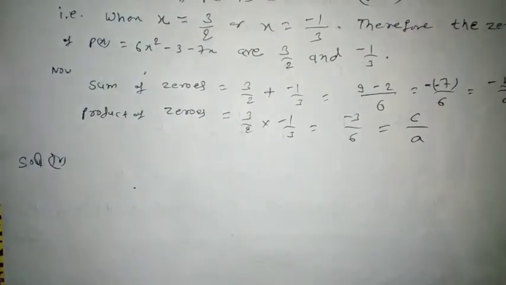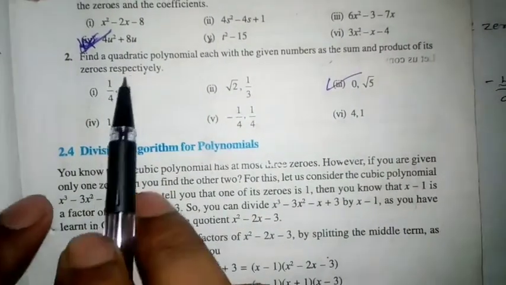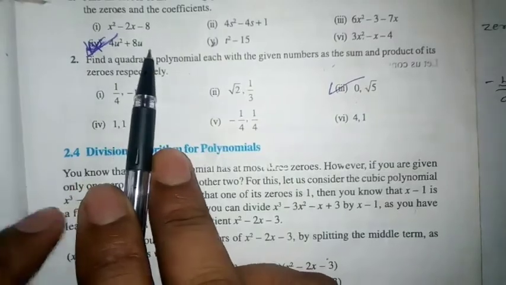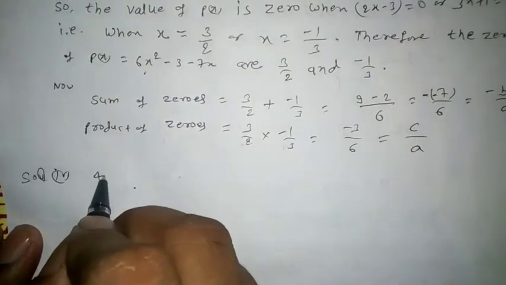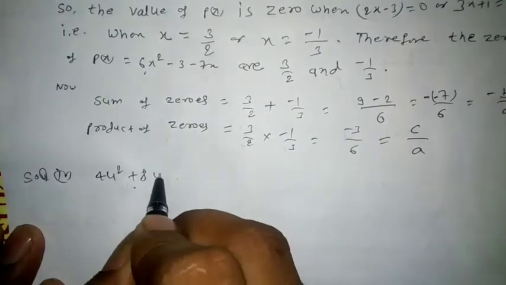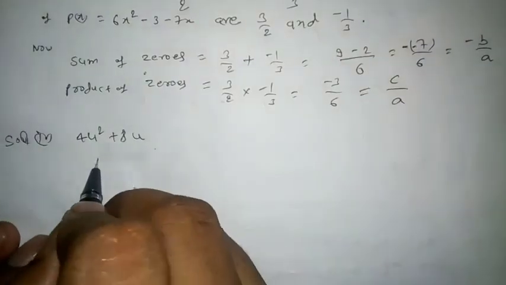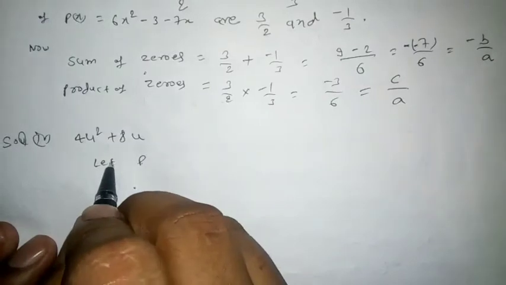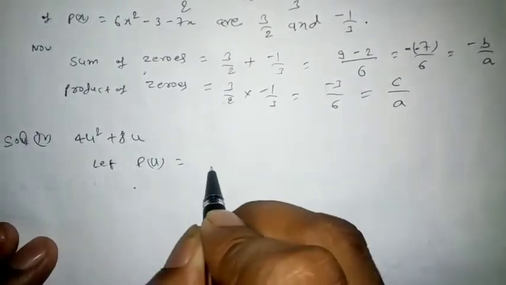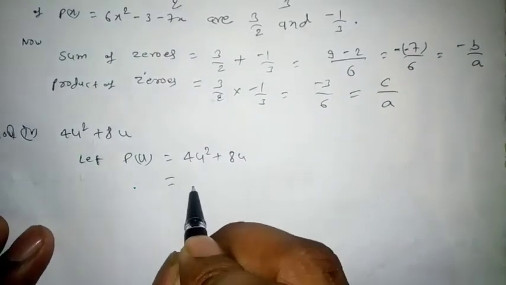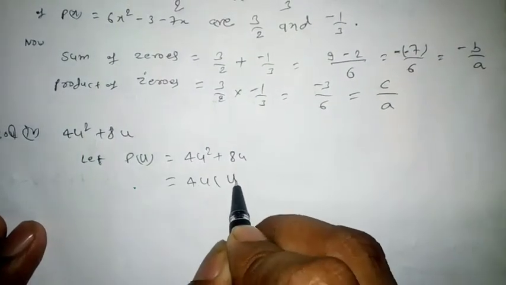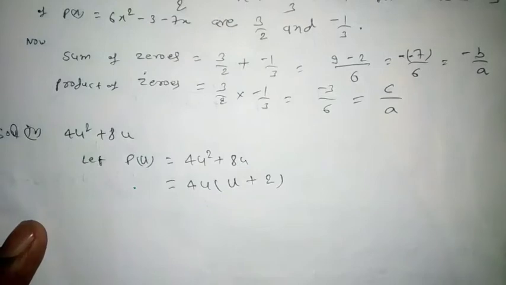Now question number 4, 4u square plus 8u. Let pu is equal to 4u square plus 8u. Now 4u common, then u plus 2.